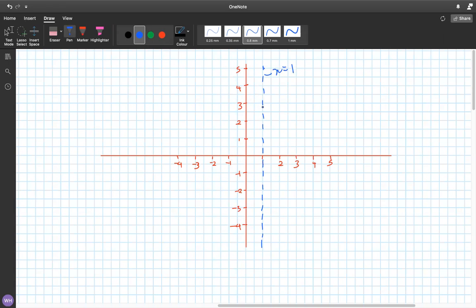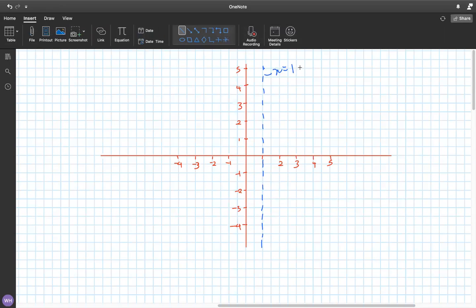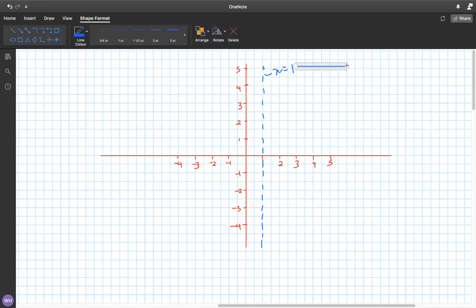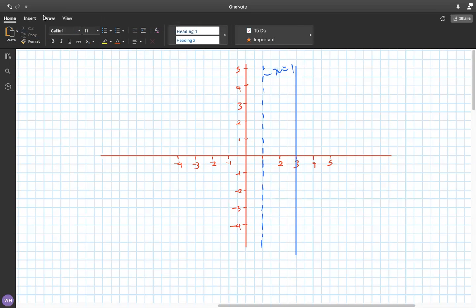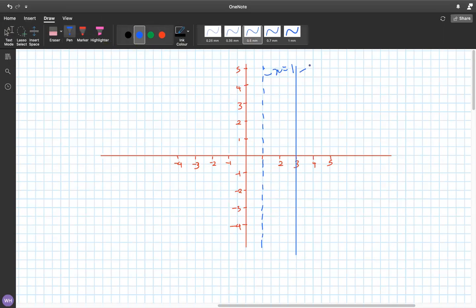The other one is x is less than or equals to, no, positive 3, not minus. So it should be a solid line. So let's draw a solid line. Okay, this should be the line. So here this is x equals to 3.